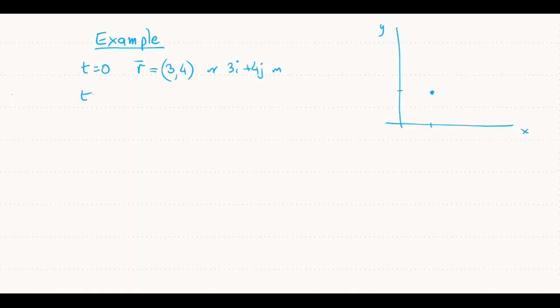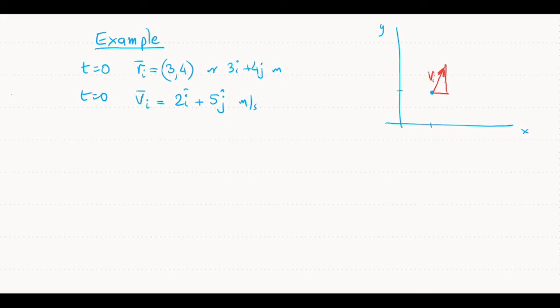And also at t equal to 0, this will become the r initial, it has an initial velocity also in 2 dimensions, which is 2i plus 5j meters per second, which means, let's say 2 and 5, so it's going to be in this direction.